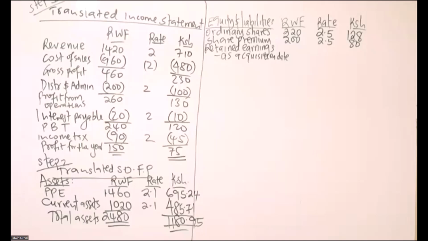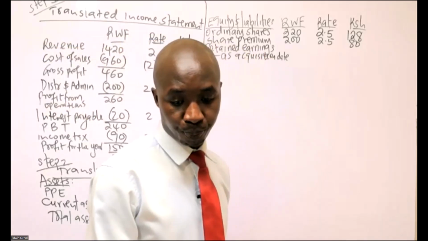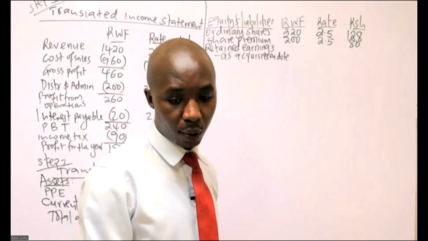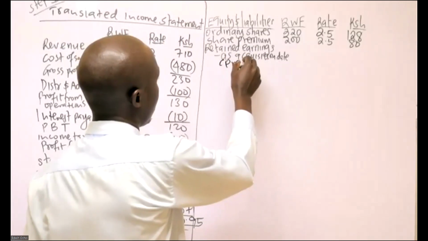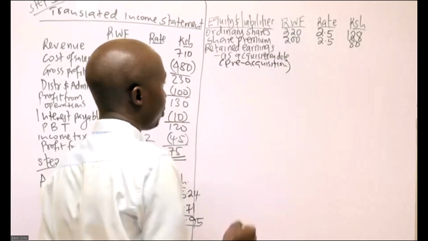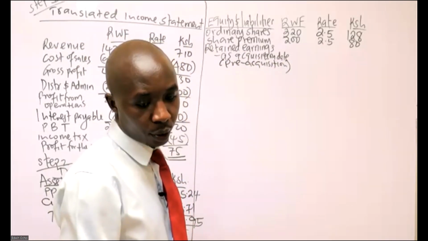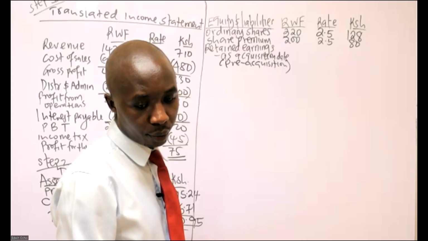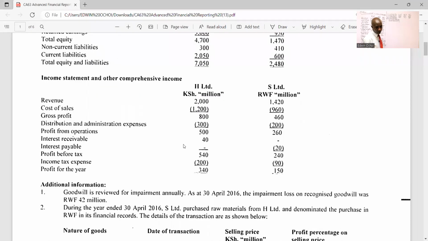So what you are saying, anyway, let me confirm that. I'm talking about as acquisition date, which is same as pre-acquisition. I'm not asking about the rate, but the figures. 800 million. Yes, 800.